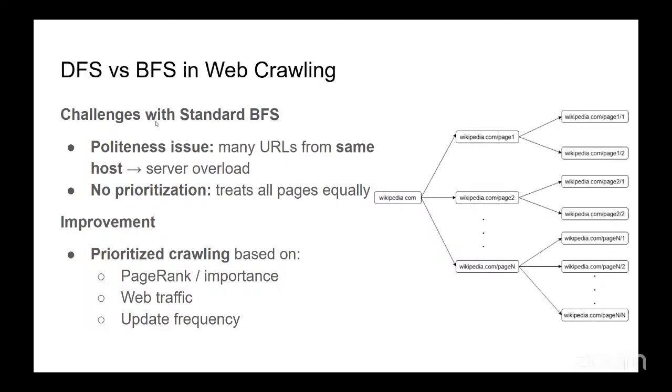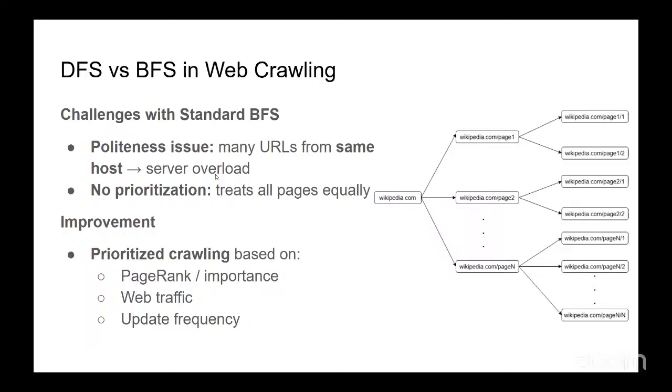So what are the challenges with standard BFS? It's not like we will not have any challenges with breadth first search. We definitely have challenges with this as well. A very critical issue is that, as we discussed in our requirements section, we need politeness.